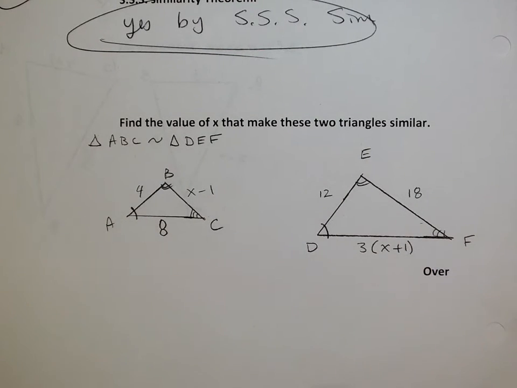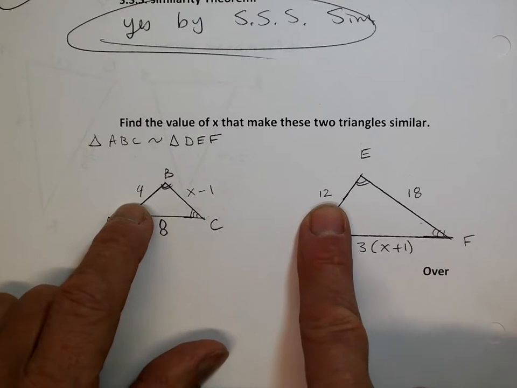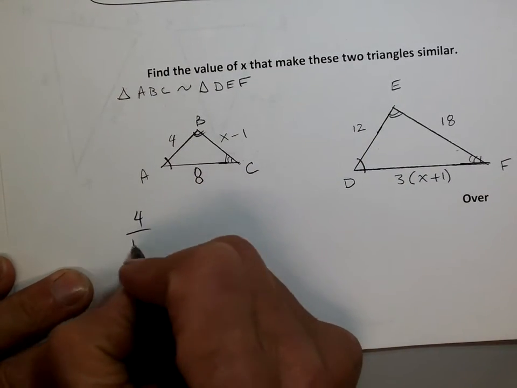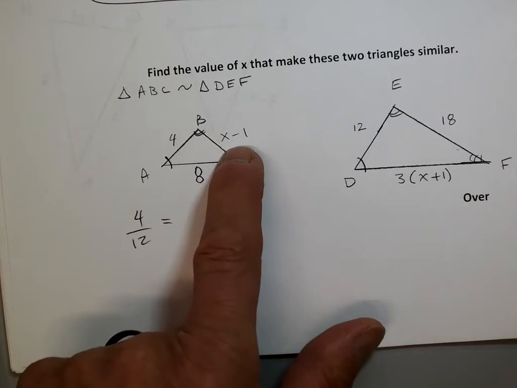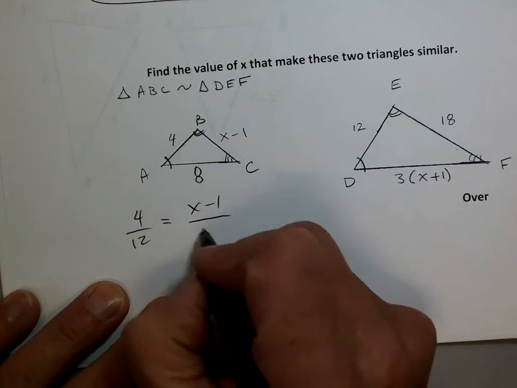So right off the bat, I know that the 4 goes to the 12. You guys agree with that? So I can say that the 4 goes to the 12 as the x minus 1 goes to the 18.